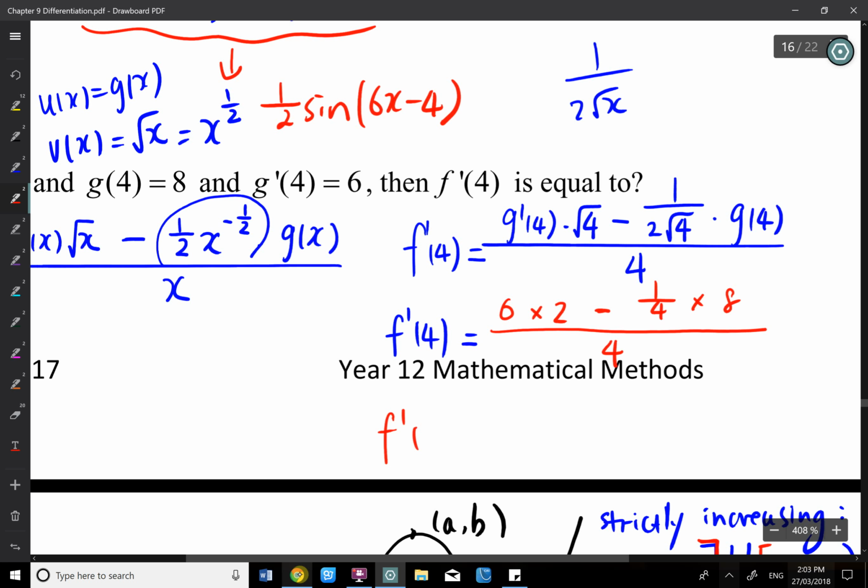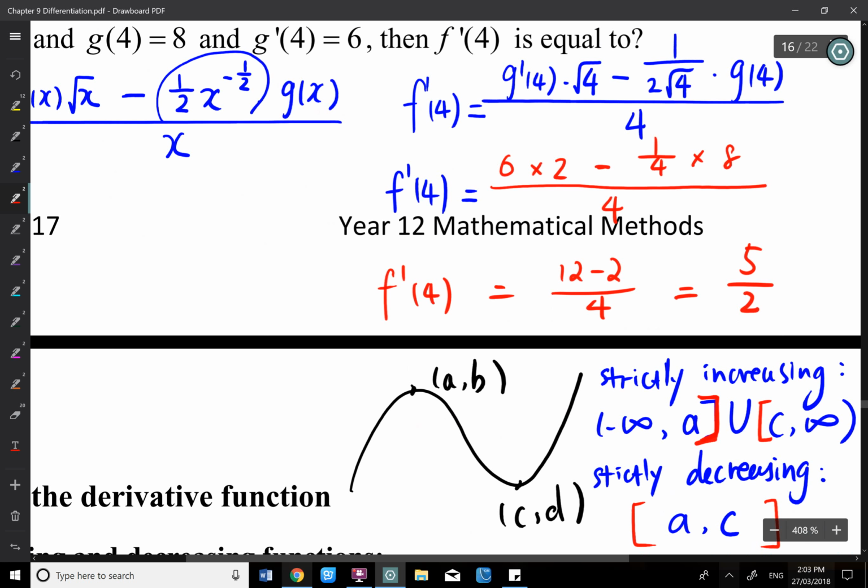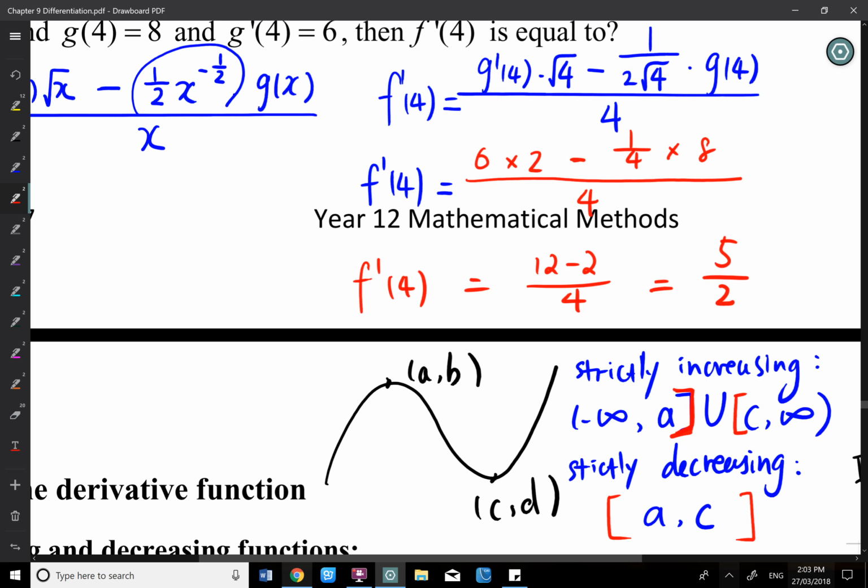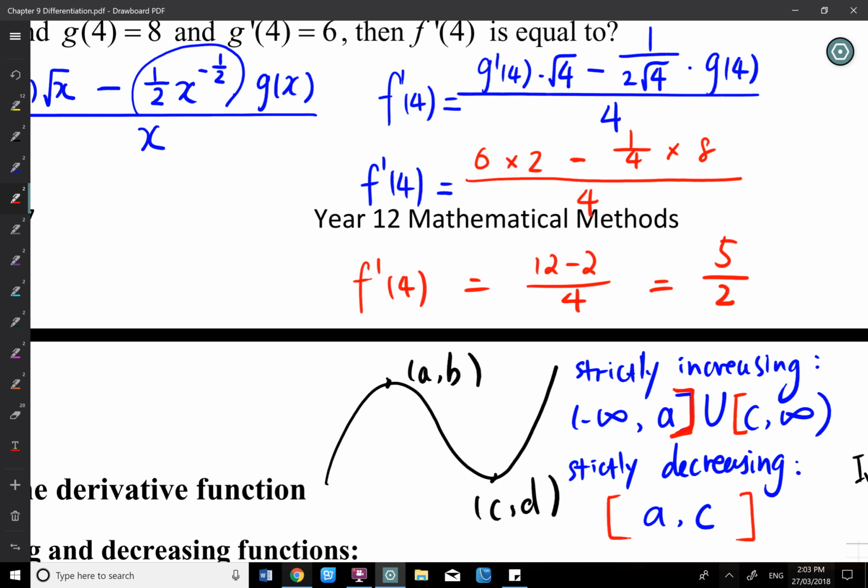F dash 4 equals 12 minus 2 over 4, and that is 10 over 4, which is 5 over 2. Okay, that's what you have. There's a lot of calculation error, so just pay attention to that.